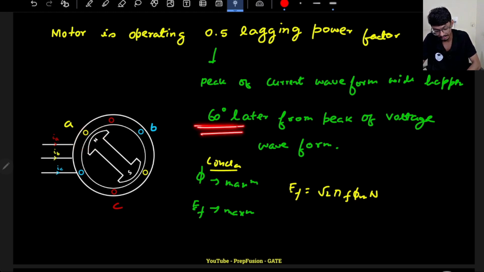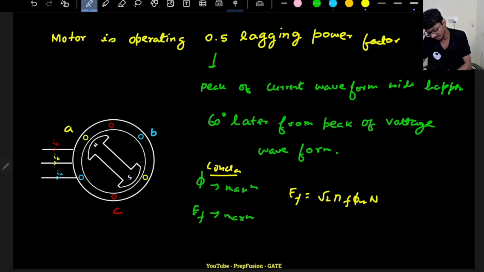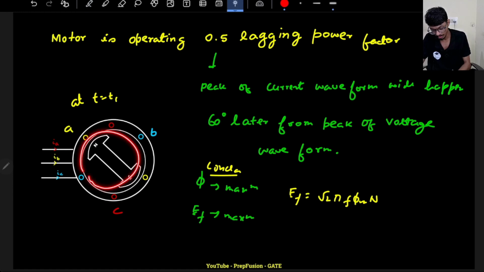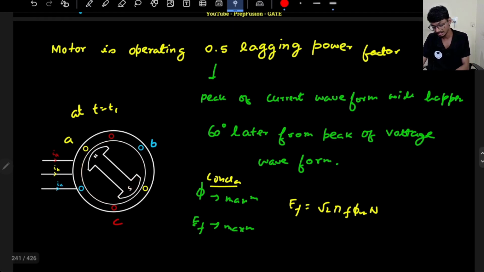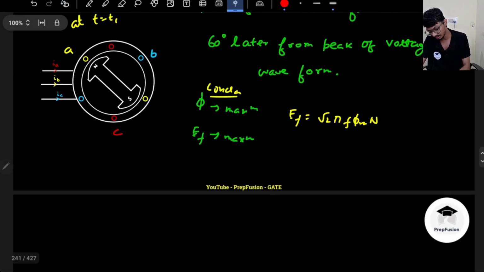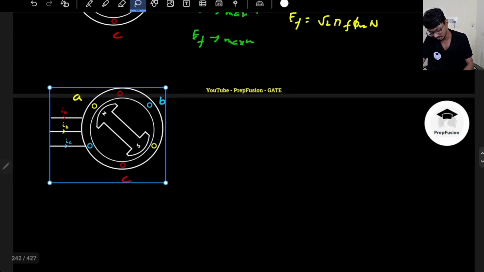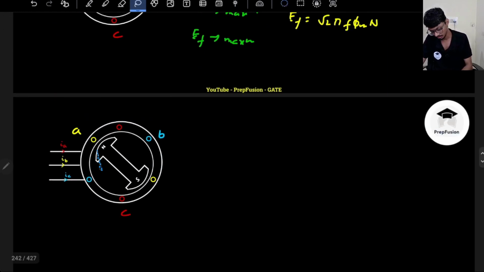But here I am saying that the load is lagging. So voltage will lead by 60 degrees. So let's say at time t equals t1, I'm at this position. At this position, will the current be maximum? No, current will not be maximum. Current will be maximum 60 degrees afterwards, right? 60 degrees electrical. I am not talking about the electrical-mechanical thing. I'm just saying that if the motor was initially rotating in the clockwise direction, the motor will rotate some more degrees in the clockwise direction.